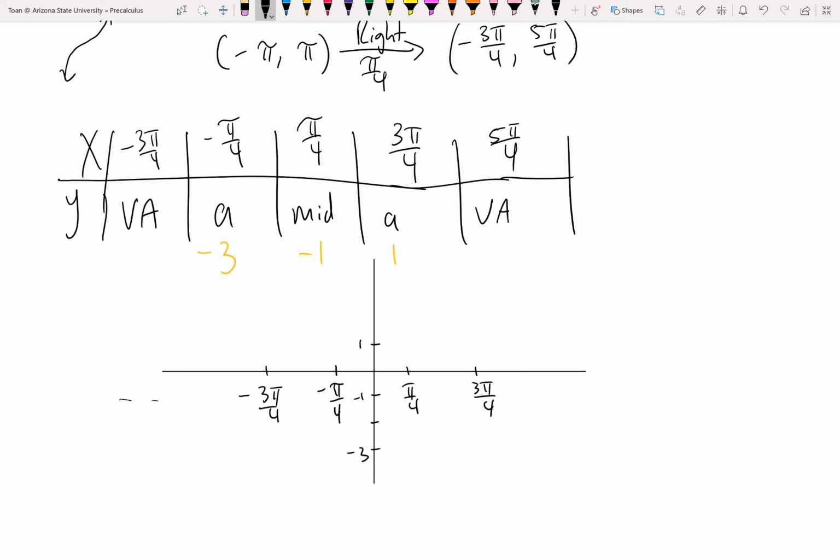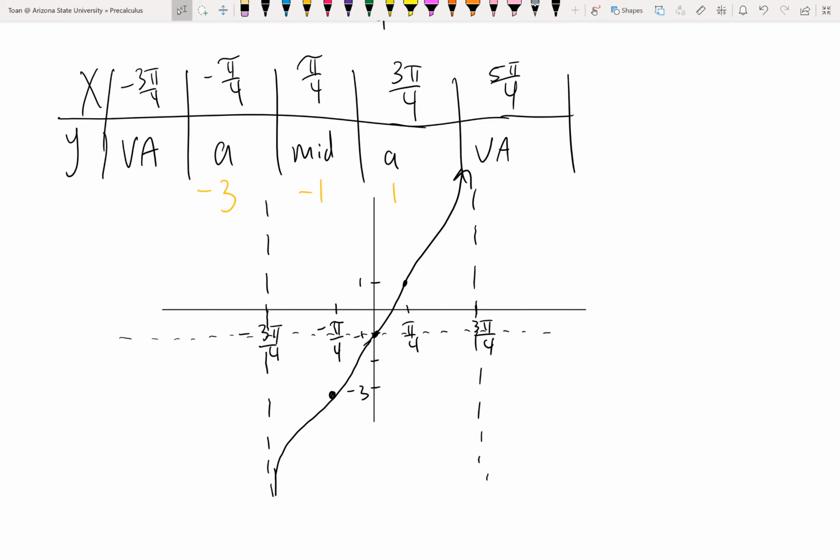I know my mid is at -1. I know my vertical asymptotes are at the endpoints. And I know it goes down to the left, up to the right. And there is my not so pretty graph, because I should have made this guy longer.